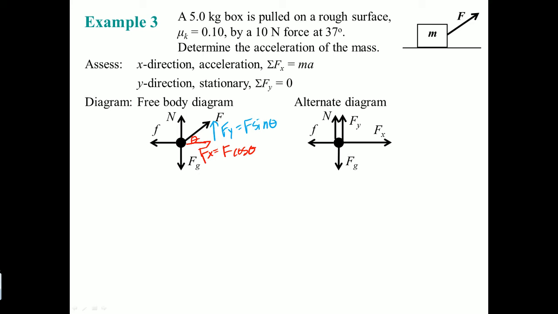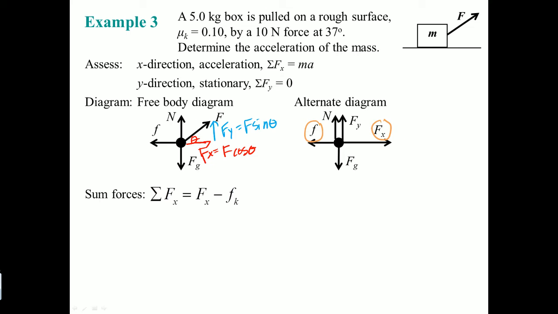Okay. Summation of the forces in the x direction. In the x direction, you see force of friction and Fx. Fx is going forward, force of friction is going back.